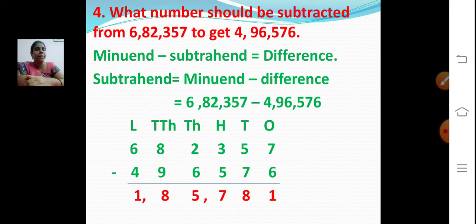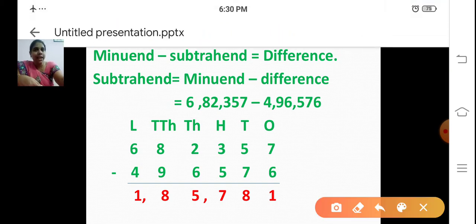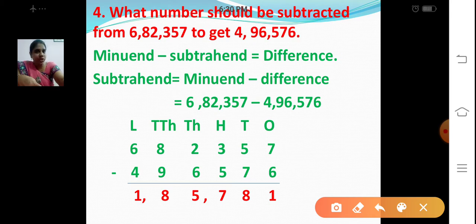So we know the minuend, 6,82,357. Now we are going to subtract 6,82,357 minus the difference, 4,96,576. Shall we subtract these two numbers?